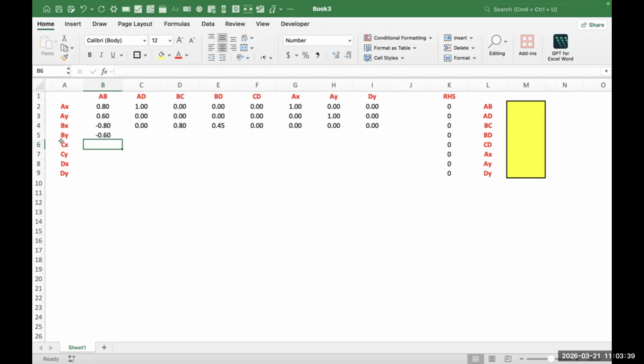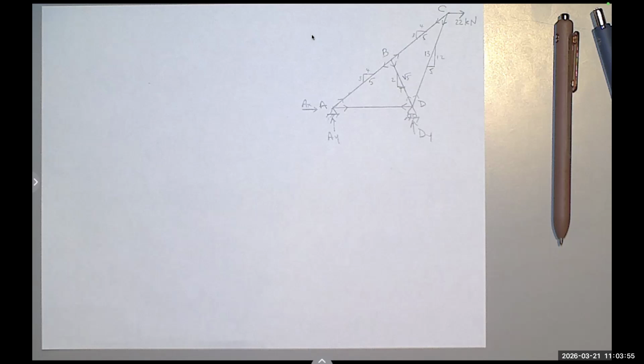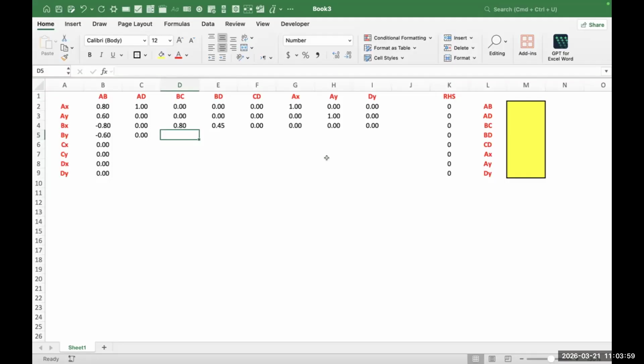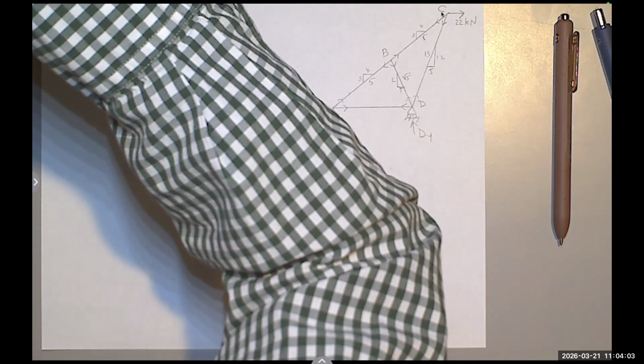And after that, it's C and D, so there are no letters A or B, so these would be zeros. So this column adds up to 0. Now, for AD, there is nothing because the letter B is not there. The Y of BC is 3/5 or 0.6. I'm going to write 0.6. For BD, the Y is negative.